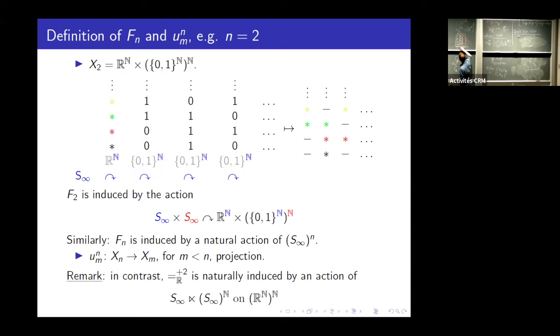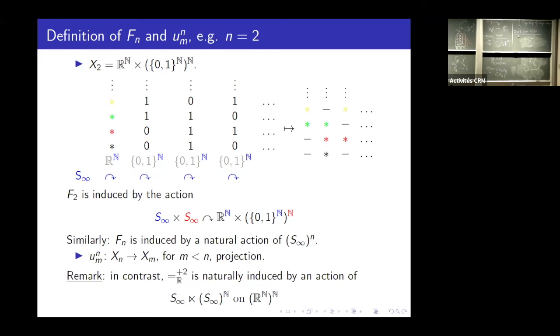You have R to the N here, R to the N here, and the natural group action for it would have S infinity permuting here, S infinity permuting here, S infinity permuting here. So you have infinitely many copies of S infinity, but then you're also allowing to permute the columns. So you have this semi-direct product of S infinity with infinitely many copies of S infinity, and it's just a more ugly object to look at.